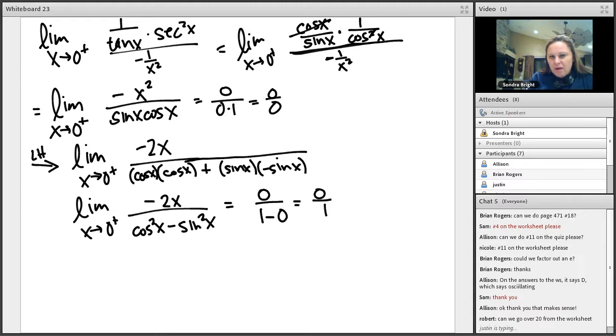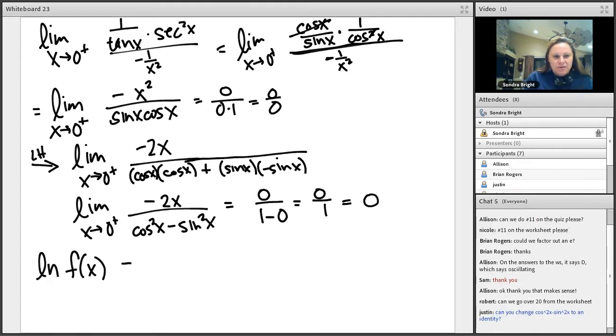So you have a 0 over 1, which means that it's 0. Yeah? So, don't forget though, right in the very beginning, we said that the natural log of f of x was equal to the limit and so on. So that is equal to 0. So, to find f of x, you're going to take e to both sides. So, e to the 0, your answer is 1.